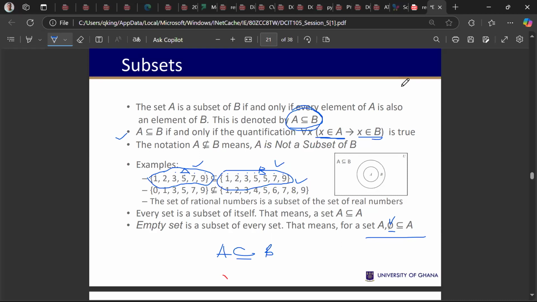Because it has no element, there's actually nothing to contradict it. So every element of a null set is in A, which is true because there are no elements that could possibly violate it. That is why we say that the empty set is a subset of every set. The actual reason is that there are no possible elements in that particular empty set that could violate this statement. And so that is why it was captured in that manner.